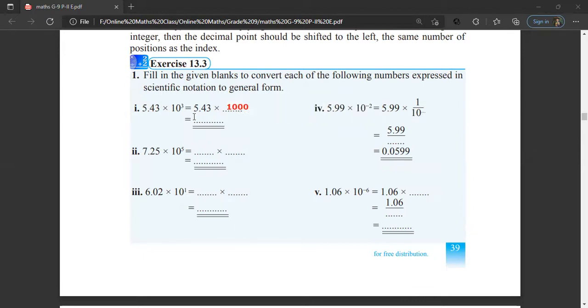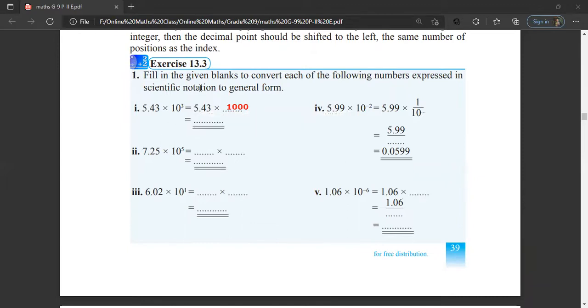Likewise, what is the answer here? Multiply by 1000. 5.43 into 1000. How many zeros after that 5? That should be 3 times. So what is the answer? Yes, that should be 5,430.